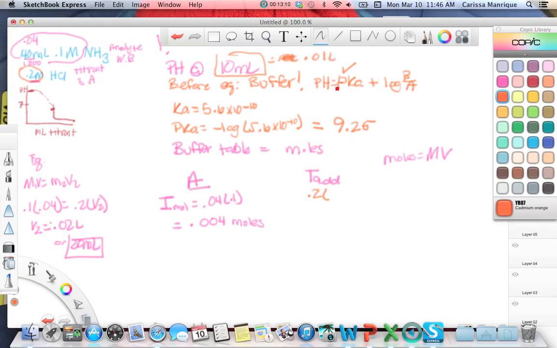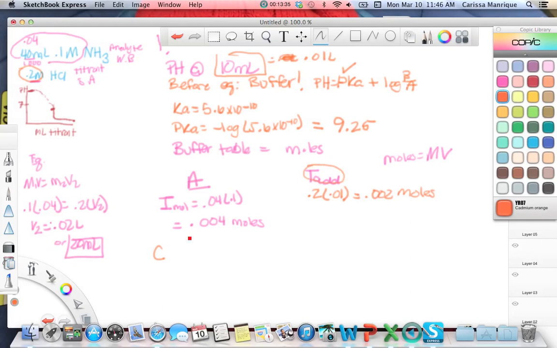So I'm going to put in 0.01. So how much did we add? 0.002 moles. Okay, so we added this much titrant and we initially had this many analyte. So our change will be this right here.